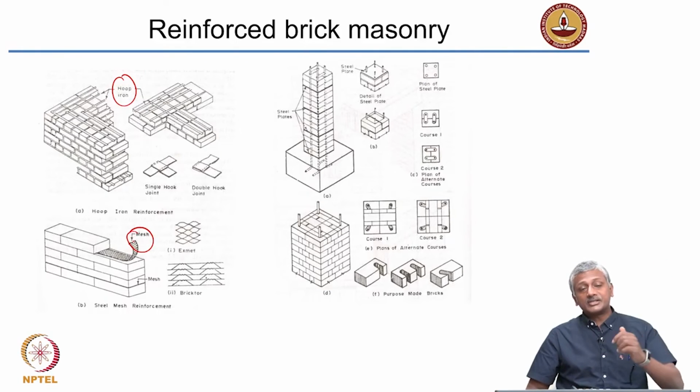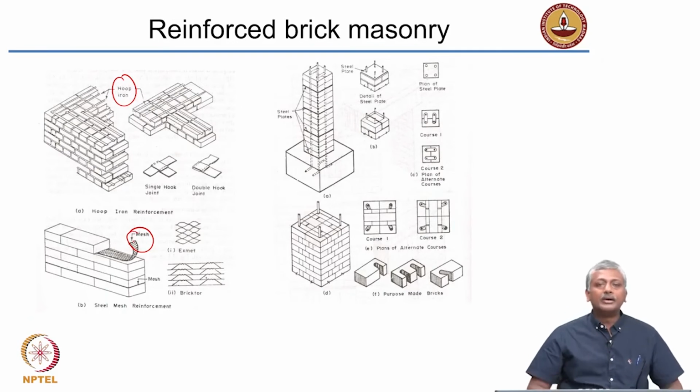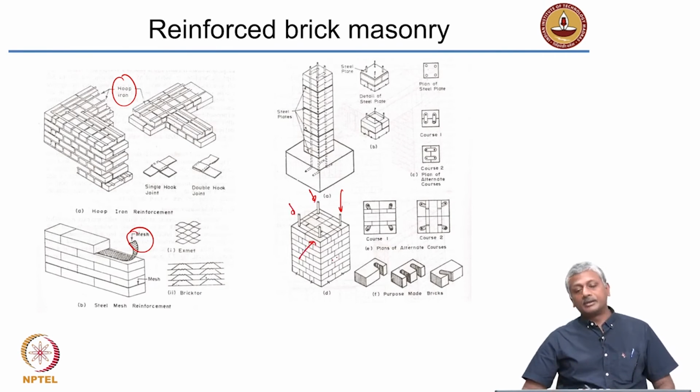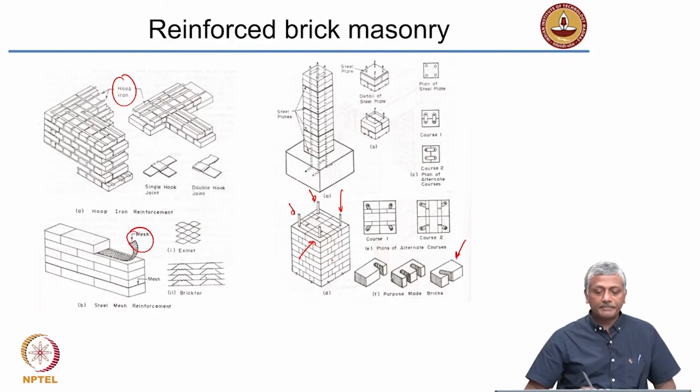So, in such cases, obviously you will have to provide gaps in your masonry where the reinforcing bar can be inserted. For instance, you see how these bars are inserted by using special bricks which have gaps inside where the bars can be inserted.